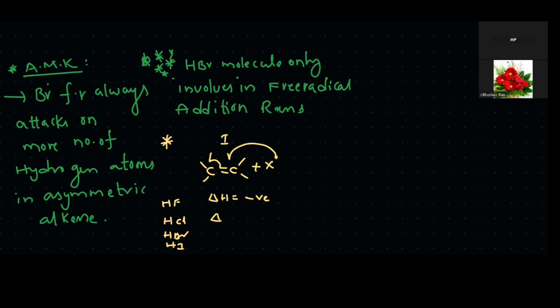When HBr is involved, it also releases energy. But if HI is involved, the delta H is positive. So these are exothermic processes. What about HI? Endothermic.